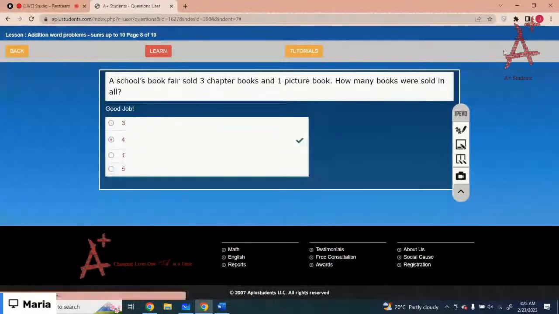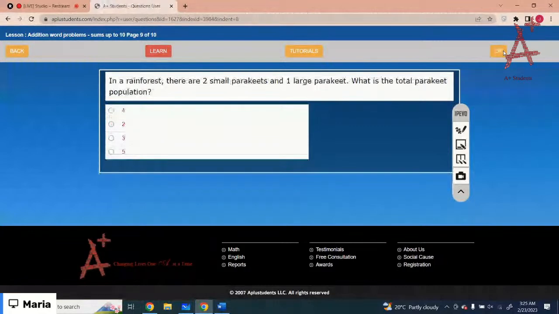Okay, the next one is: in a rainforest there are 2 small parakeets and 1 large parakeet. What is the total parakeet population? You have to add 2 plus 1.